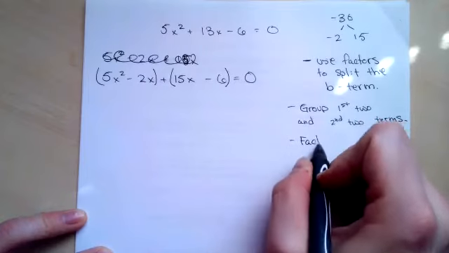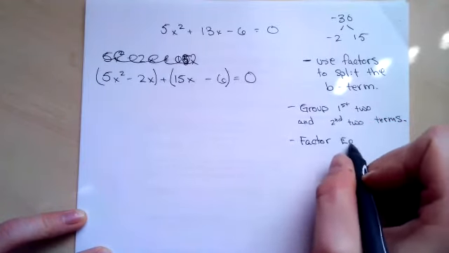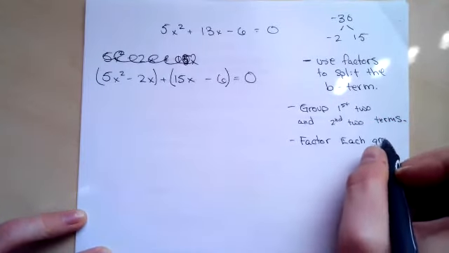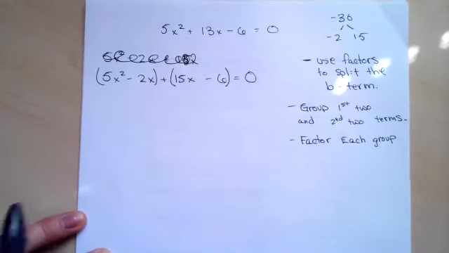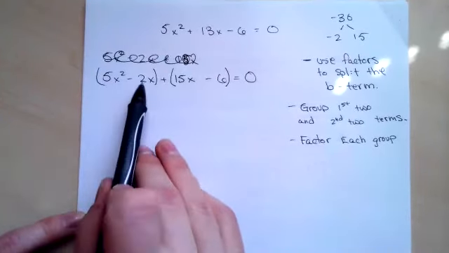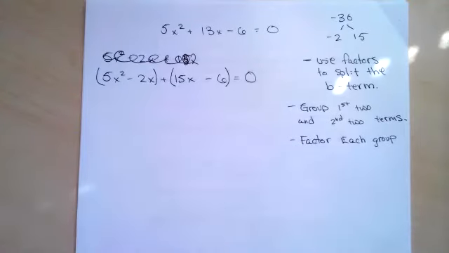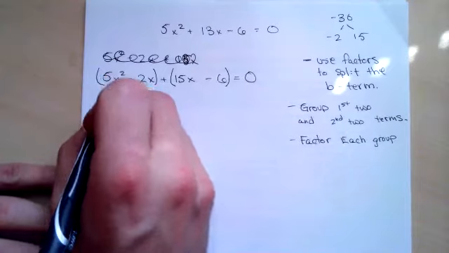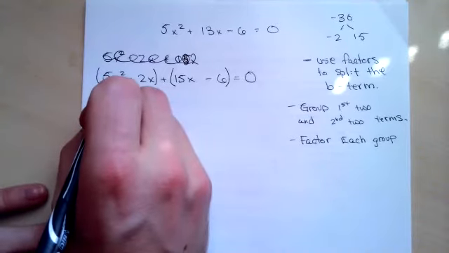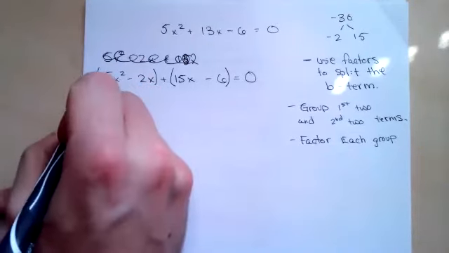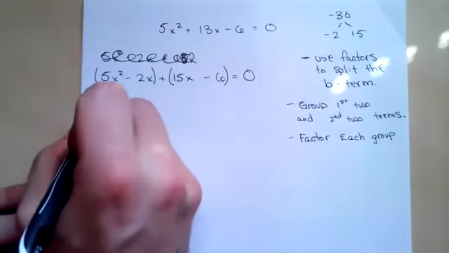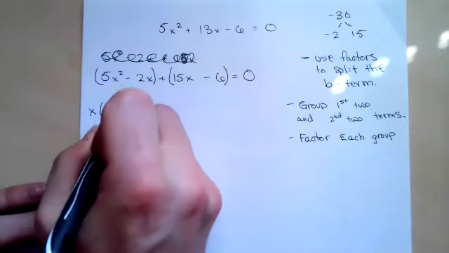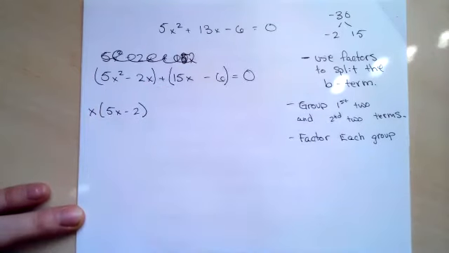We're going to factor each group. With 5x squared and 2x, we're going to look at the constants. So 5 is prime, 2 is prime, and they are coprime together, so we can't factor anything out in terms of the constants. So the biggest factor I can factor out of this first grouping is just x. So I'm looking at the variables now, x squared and x. You can factor out 1 power of x and get 5x minus 2 left in that grouping.